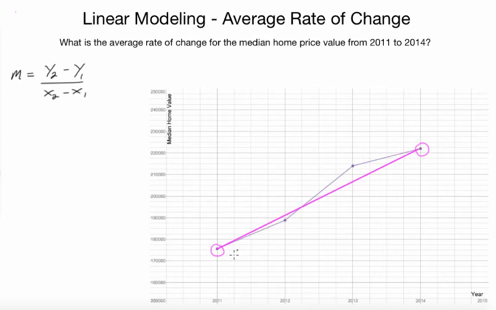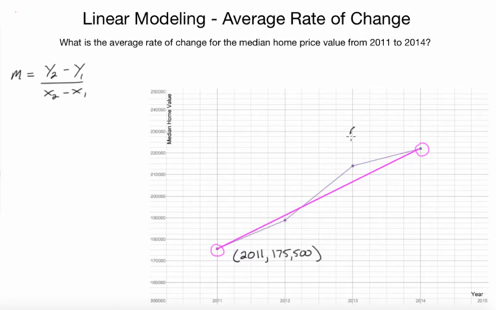In the year 2011, if I read my graph, the approximate median home price value is 175,000, just a little bit above 175,000, but let's say 175.5. Just interpreting that off the graph. Now let's get the coordinates of this point over here.